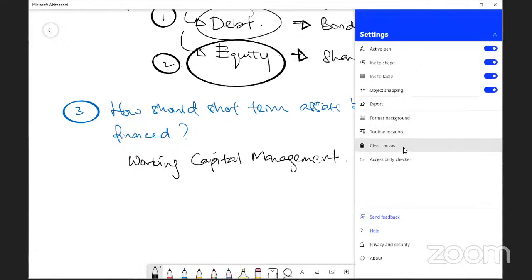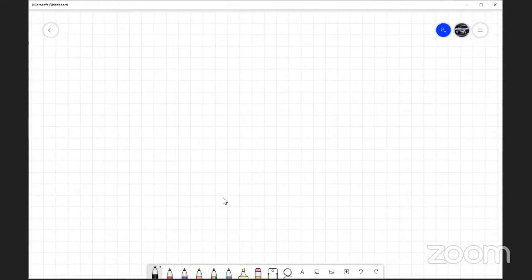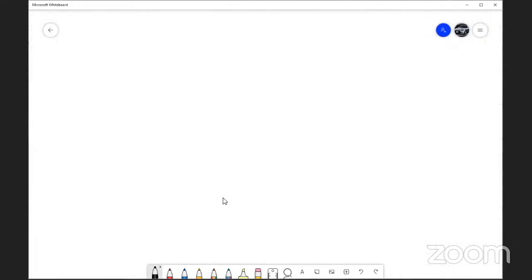Let's go to question number 2. What advantages does the corporate form of organization have over sole proprietorships or partnerships? Okay, so corporate versus sole proprietorship or partnership.